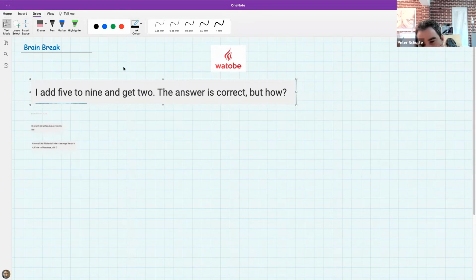I add 5 to 9 and get 2. The answer is correct, but how? Who has any ideas? Okay, I'll give you a tip. You hang it on the wall.